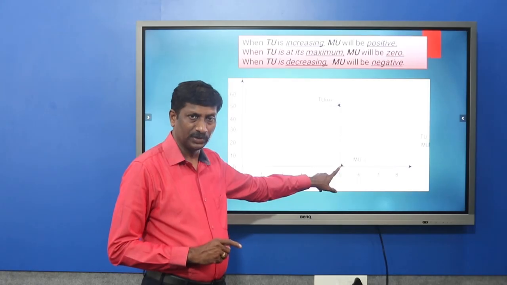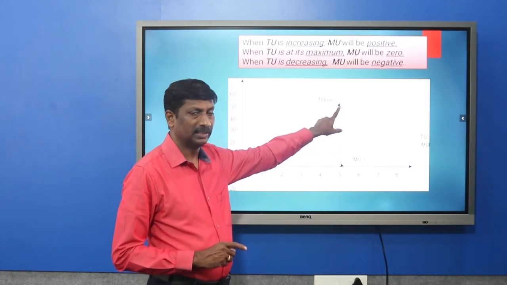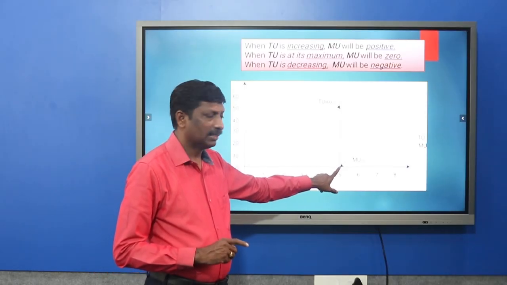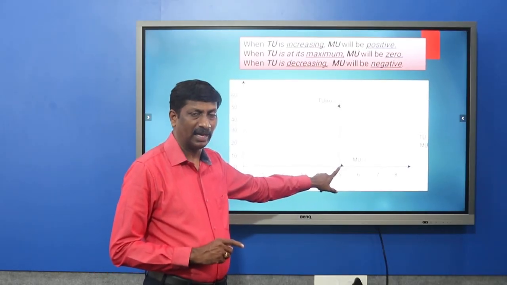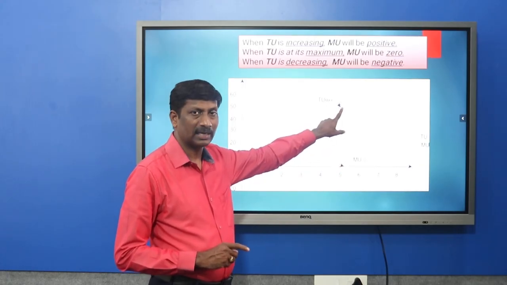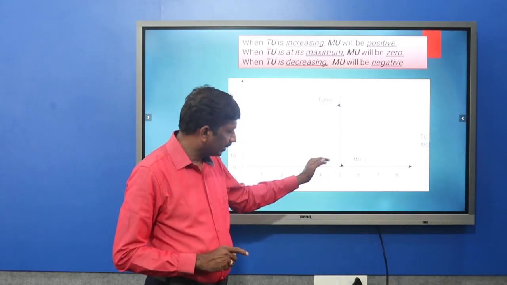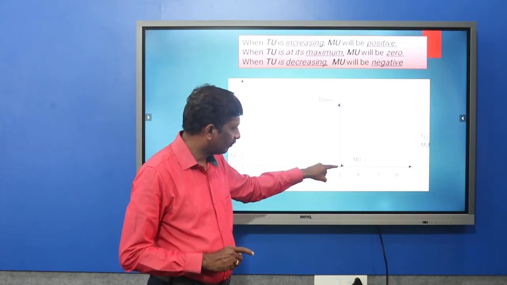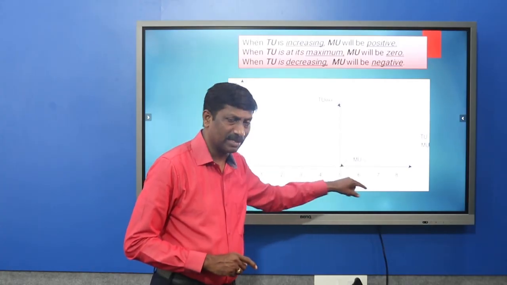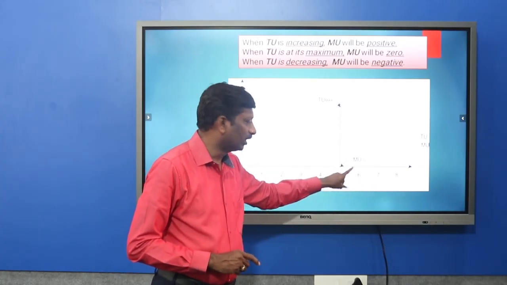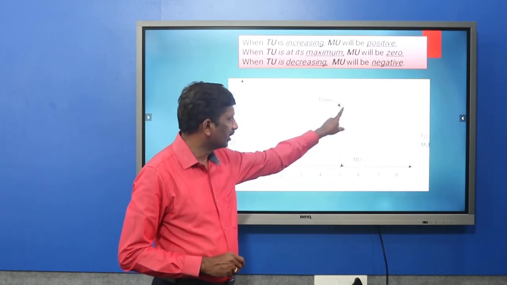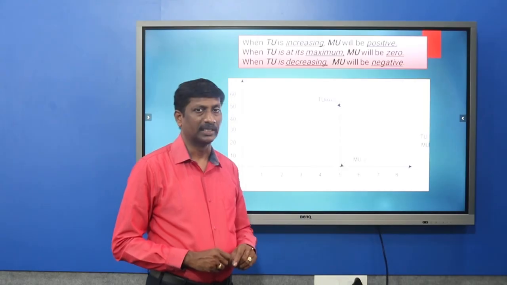At the 5th unit of apple consumption, MU reaches the point 0, and from the diagram we can see that when consumption is at the 5th apple, when MU is 0, total utility is maximum. Then further consumption of apples to the 6th unit and 7th unit, the MU curve became negative. When MU is negative, we can see that the total utility curve is declining.